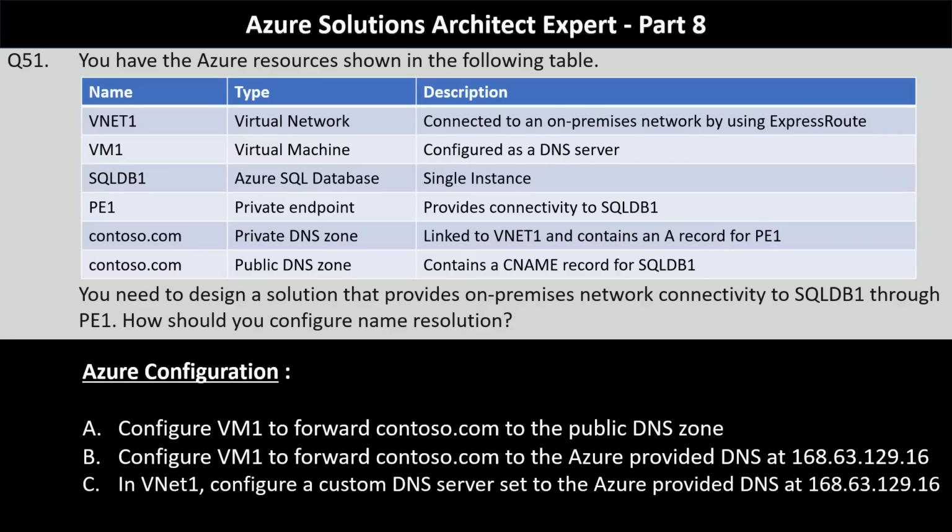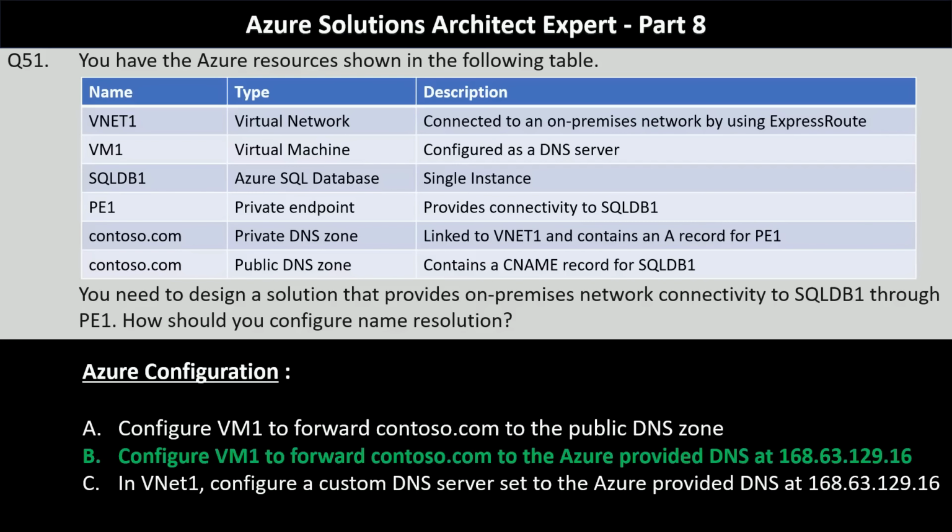Your options are: configure VM1 to forward contoso.com to the public DNS zone, configure VM1 to forward contoso.com to the Azure provided DNS at 168.63.129.16, or in VNet1, configure a custom DNS server set to the Azure provided DNS at 168.63.129.16. And folks, the correct answer here is option B.